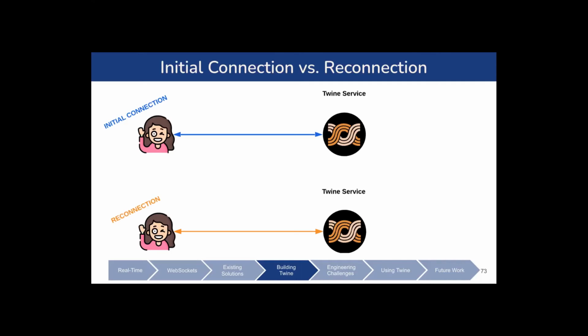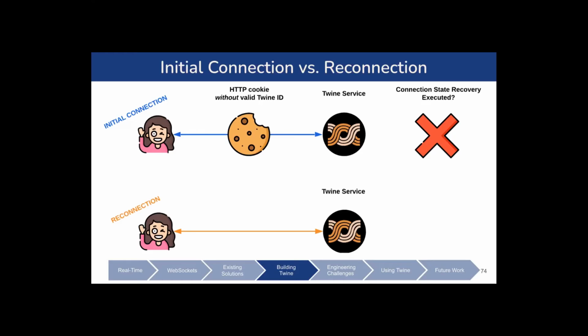This logic was implemented using a randomly generated identifier called a Twine ID that we stored in a cookie on the client that would persist between reconnections. When a client requests a WebSocket connection with the Twine server, Twine takes different actions based on whether it's an initial connection or a reconnect.